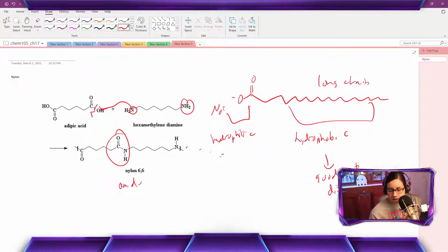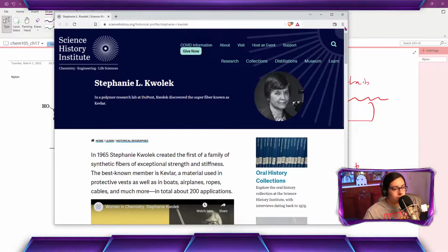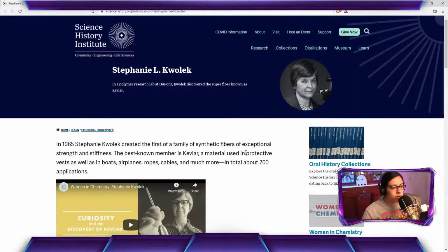And so Kevlar, actually, let's pull this up. Kevlar is pretty cool. So Kevlar was invented by DuPont, by this chemist, Stephanie Kwolek.